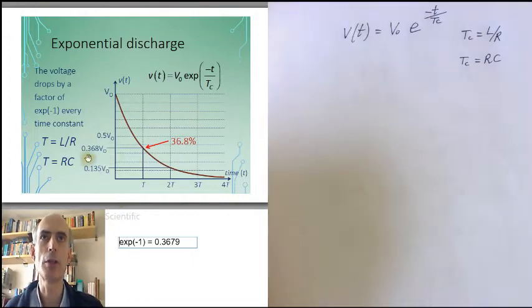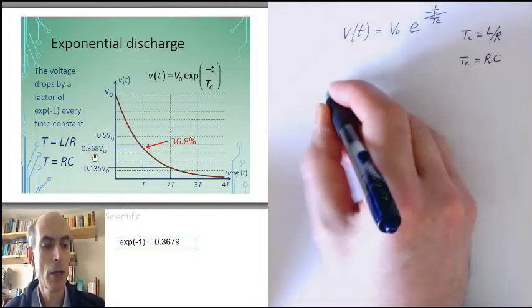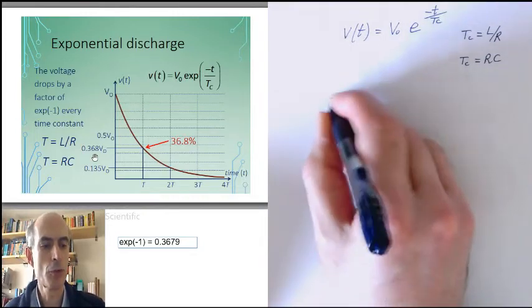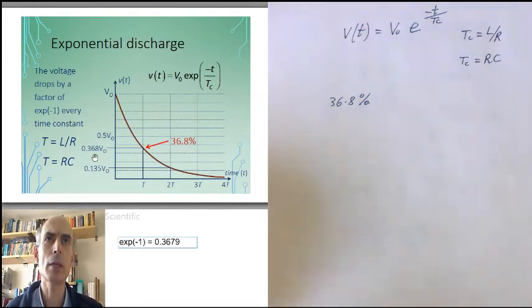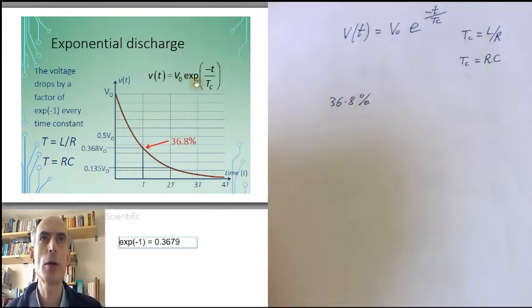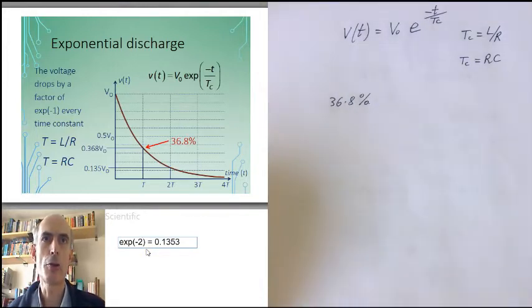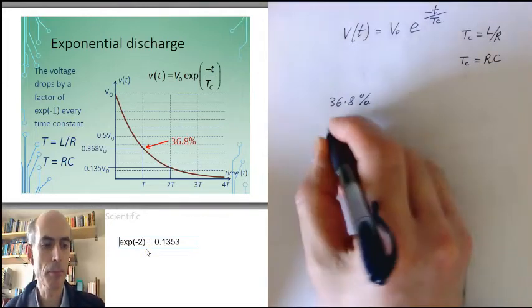I've just rounded it up to 0.368 on the graph. So, after one time constant, we've dropped to 36.8%. After two time constants, we've dropped down to a factor of e to the power of minus 2 times our initial value. And e to the power of minus 2 is about 13.5%.